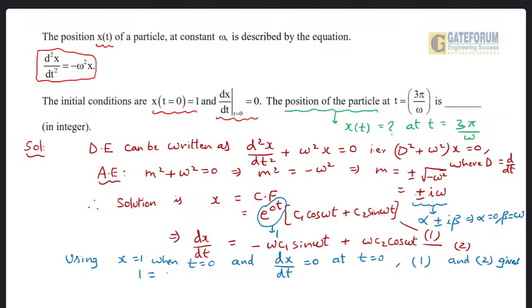So simply you will be getting from equation 1 c1 is equal to 1, and from equation 2 dx by dt is 0, and sin 0 is 0, cos 0 is 1, you will be getting simply omega c2.